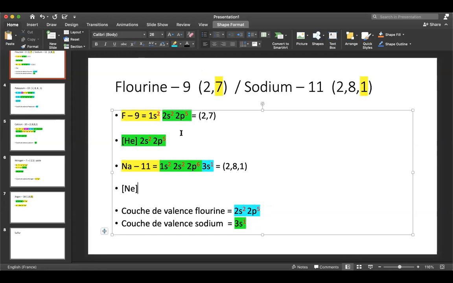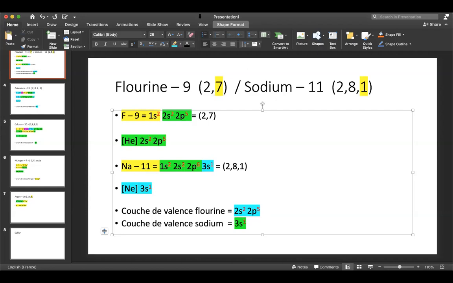Then you add your terminaison. Voila, like that. So this is the electron configuration for atoms. This is how you do electron configuration d'après règle de Klechkowski.